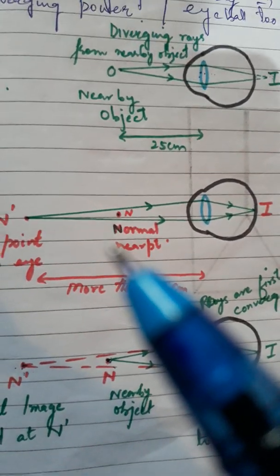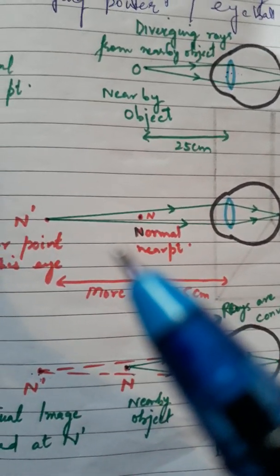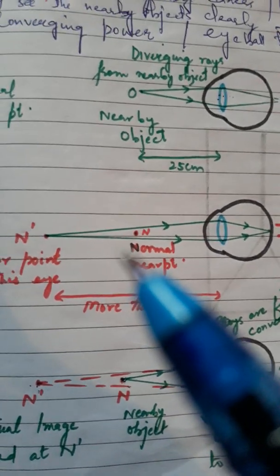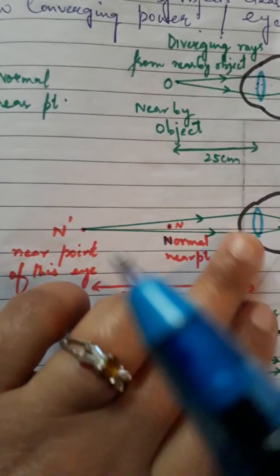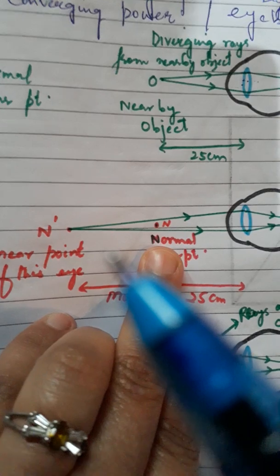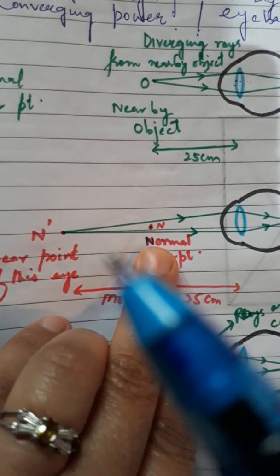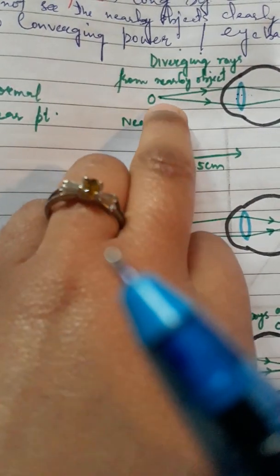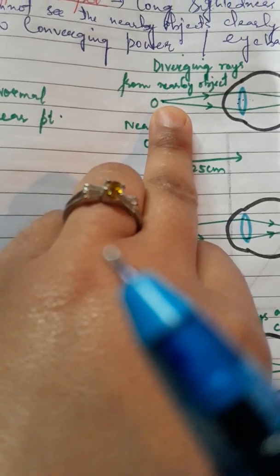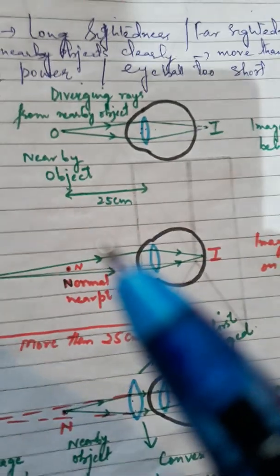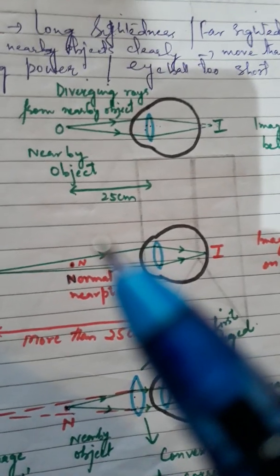In this case, diverging rays of light coming from a nearby object placed at the normal near point, 25 centimeters, are converged, but the image is formed behind the retina due to low converging power.